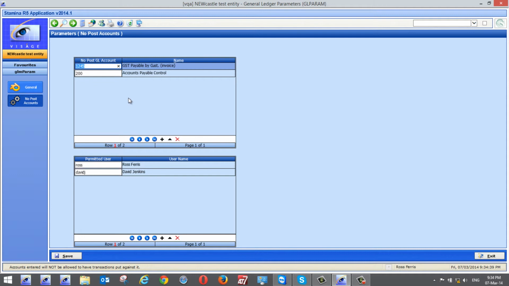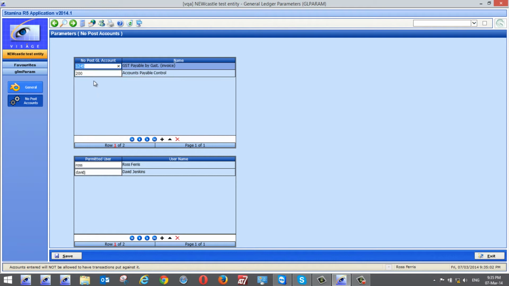However, there are some times and people that you may need to be able to put entries out to those accounts. For example, when you're first starting the system, you need to get some opening balances in there. So the table on the bottom is a list of people that can actually post to these accounts in the top table. Even though most people would be locked out.